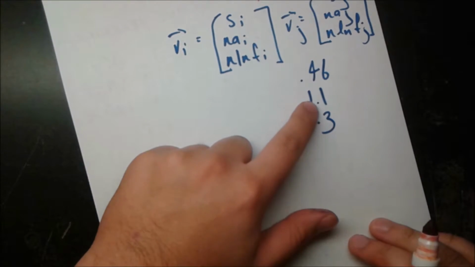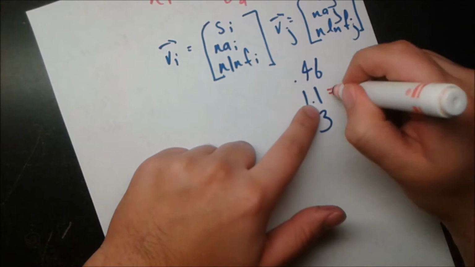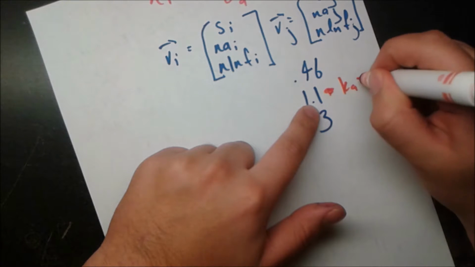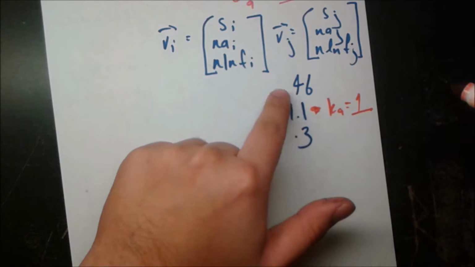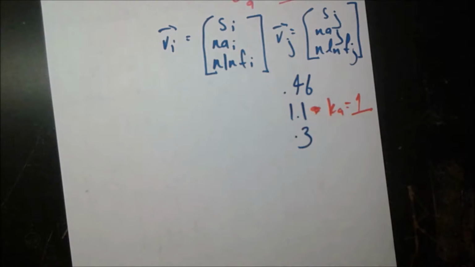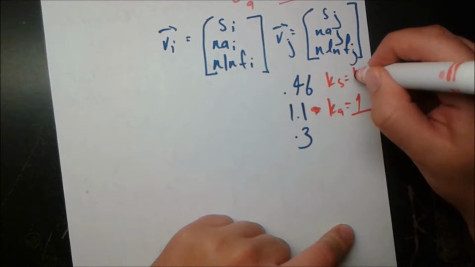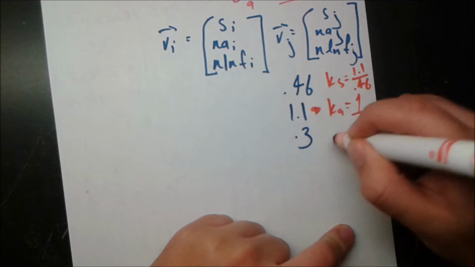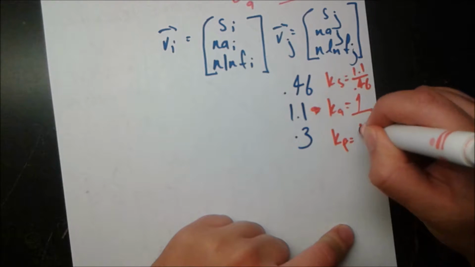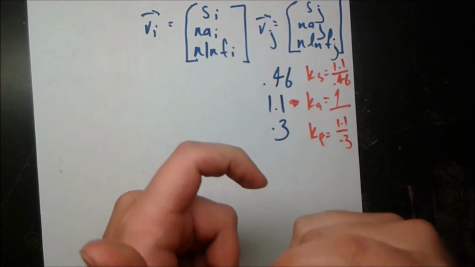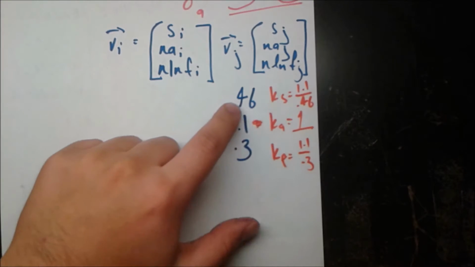So Ka would be for the ages. We're going to say Ka is equal to 1 because we're going to baseline everything at 1.1. We're going to say that Ks is equal to 1.1 over 0.46, and Kf is equal to 1.1 over 0.3. And the reason I'm doing that, let's demonstrate with, for example, Ks.